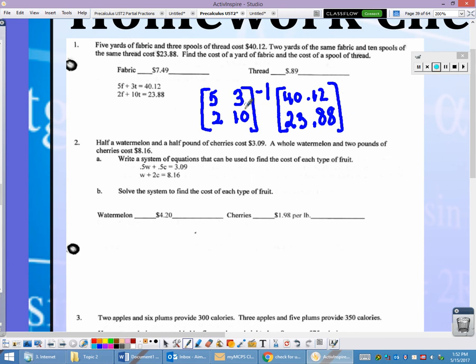When you multiply those two matrices together, you will get 7.49 for your x, or for f in this case, and for your thread you're going to get 89 cents.